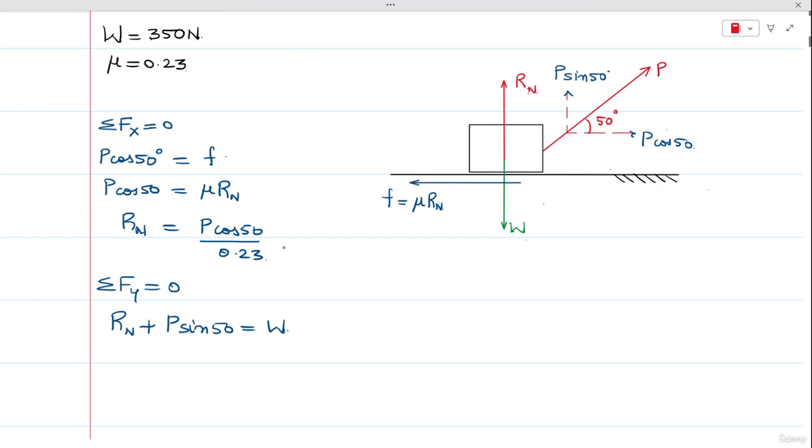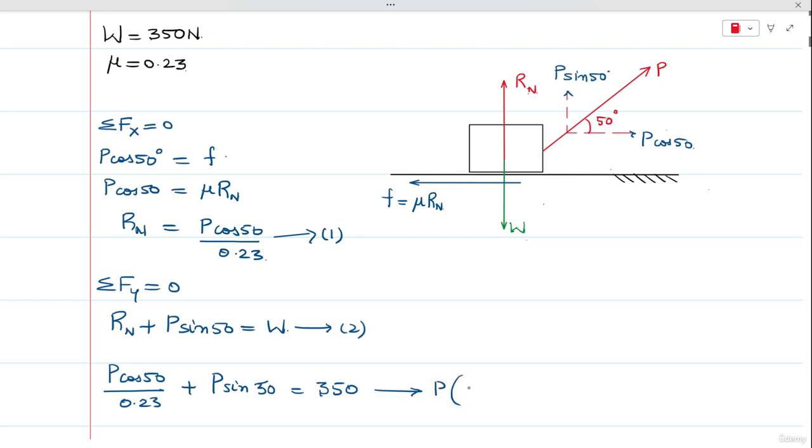So now in equation 1 we have expressed Rn in terms of P. So we can put that in the second equation. So that is P cos 50 divided by 0.23 plus P sine 50 is equal to W, that is 350 newtons. So now we can pull out P as common and write: P times (cos 50 by 0.23 plus sine 50) is equal to 350.